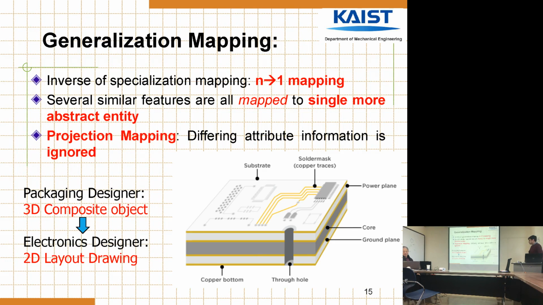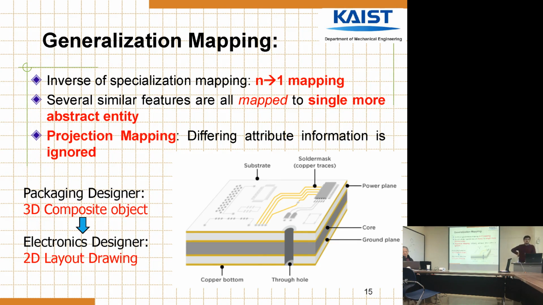An example here is that if you are a packaging designer and making this, what is it called? The PCB. Yes, PCB, printed circuit board. The packaging designer deals with the actual components, but for the electronic designer who drew the drawing, this is just a rectangle.